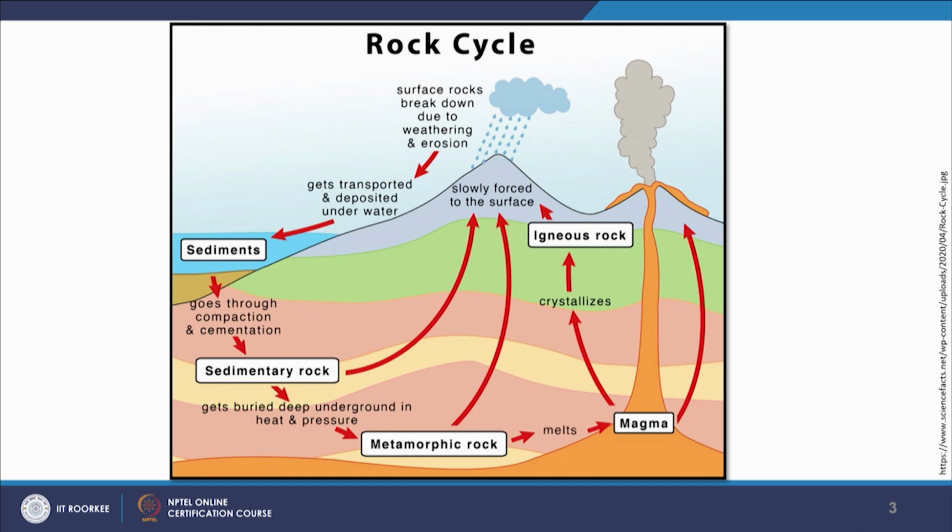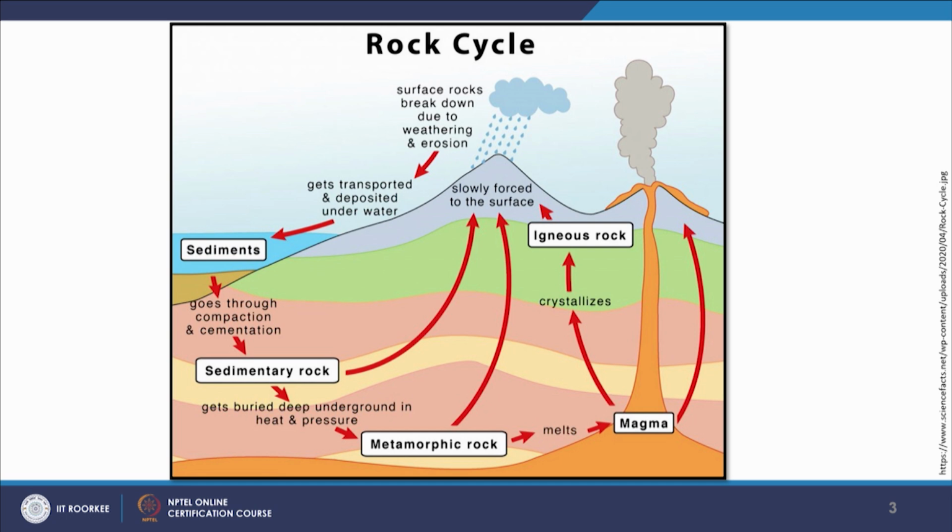You recall that in the very initial stages of this course we discussed the hydrologic cycle. Now we have a rock cycle. To understand the geologic characteristics of an aquifer, we should also understand the rock cycle, like we understood the hydrologic cycle.